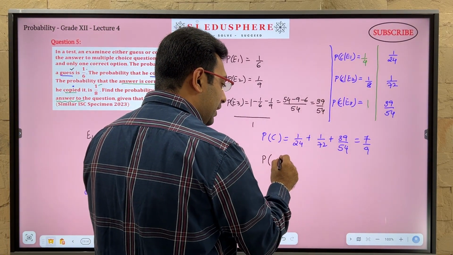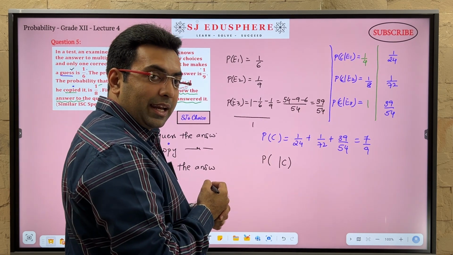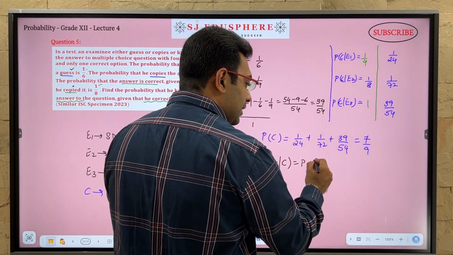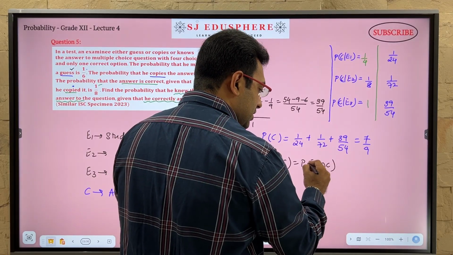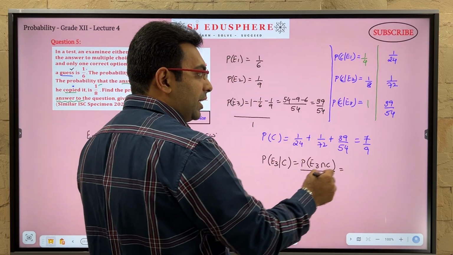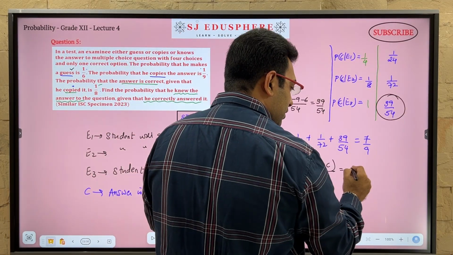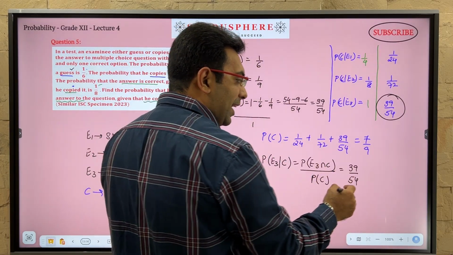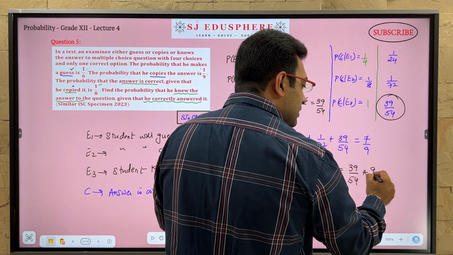So probability given that it is correct, the student knew the answer, that is E3 intersection C upon probability of C. So E3 intersection C is this answer, that is 39 by 54 divided by 7 by 9.